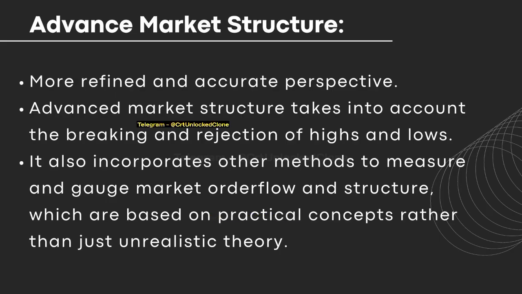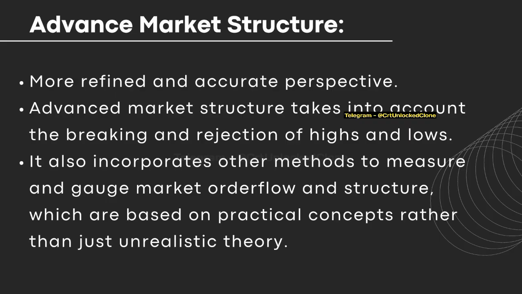Now we're going to discuss what each of them means in just a minute, but that's what it's specifically based around: breaking of highs and lows, and the rejection of highs and lows. Another important thing about advanced market structure is that it integrates other important and critical methods with which you can gauge, measure, or probe market order flow or structure.